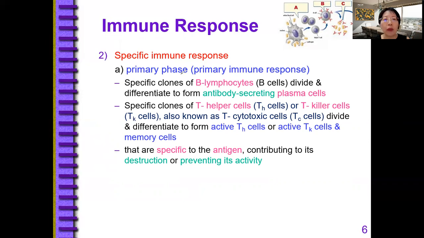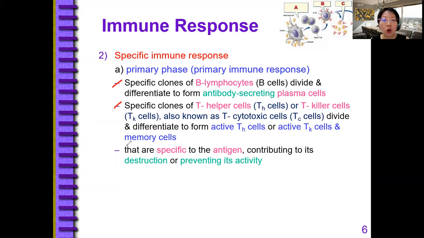So what is the primary phase of the immune response? Specific clones of B cells divide and differentiate to form antibody-secreting plasma cells. And specific clones of T helper cells or T killer cells, also known as T cytotoxic cells, divide and differentiate to form active T helper cells or active TK cells and memory cells. This is what happens during the primary immune response.